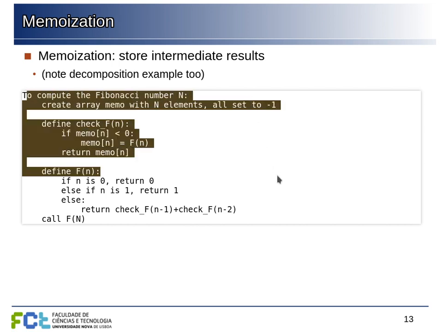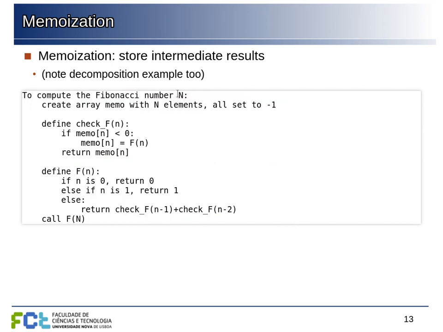So this is the whole thing to compute the Fibonacci number of index n, this capital N. We're going to start by creating an array, let's call it memo, with this number of elements, and all of them set to -1, because we still did not compute. So this array will represent f2, f3, f4, and so forth. We did not compute them yet, so we are setting everything to -1 to signal that we don't have the values yet.